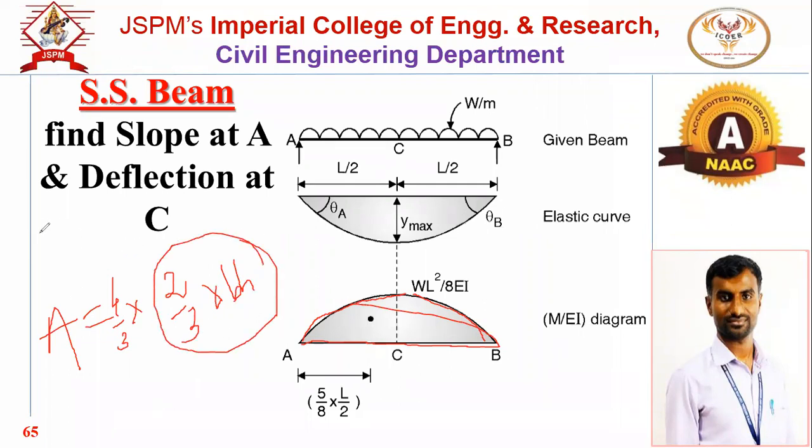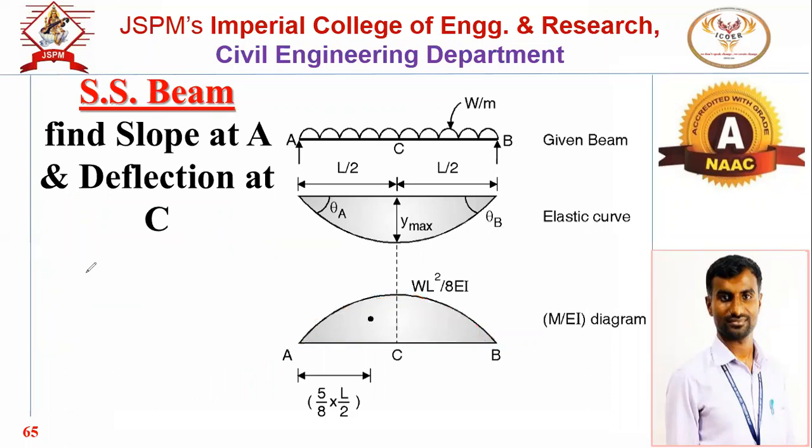And if the parabolic curve is like this in nature, that will be 1/3 b into h. Why is this 2/3 and 1/3? If you consider the rectangle, and draw the two parabolic curves like this, the area of this will be 2/3 b into h, and the area of the other parabolic curve will be 1/3 b into h.